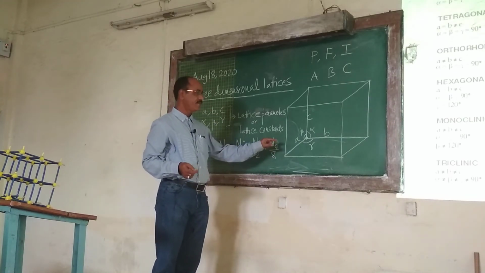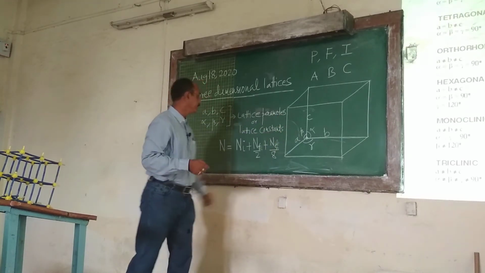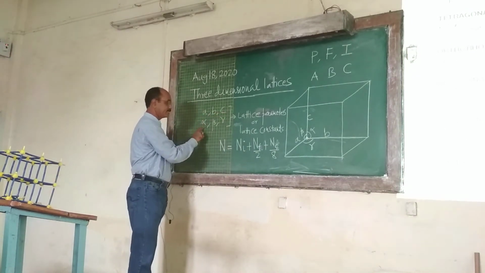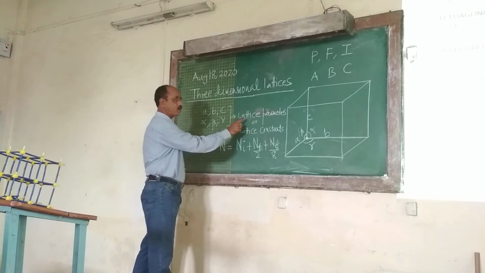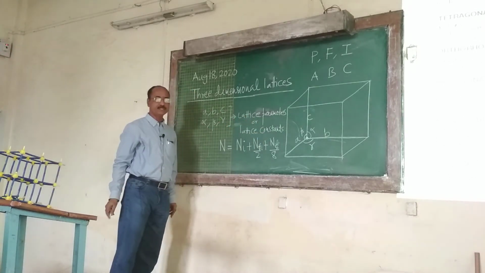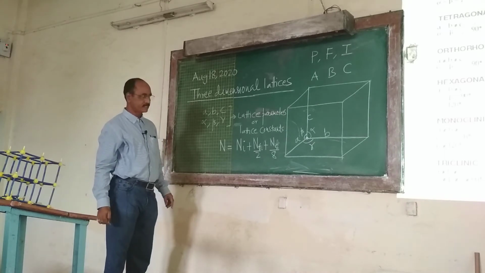The crystallographic axes A, B, and C, and the angles alpha, beta, and gamma are called lattice parameters or lattice constants.